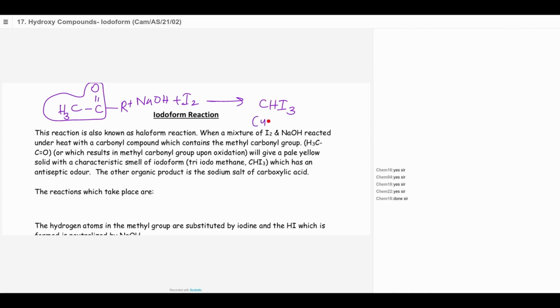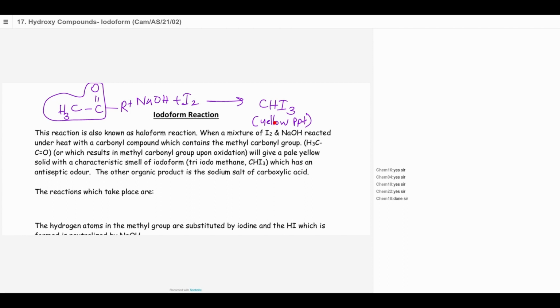Triiodomethane is basically a yellow precipitate, right? It has an antiseptic smell, I would say a hospital smell. When you go into a hospital, you get this specific unique smell called the hospital smell. That is iodoform, right?